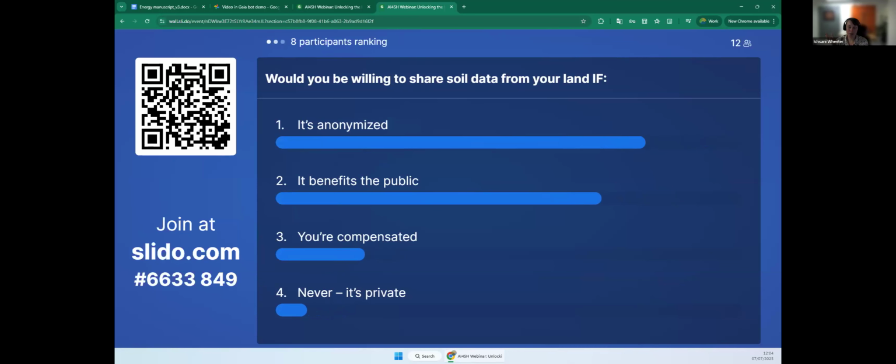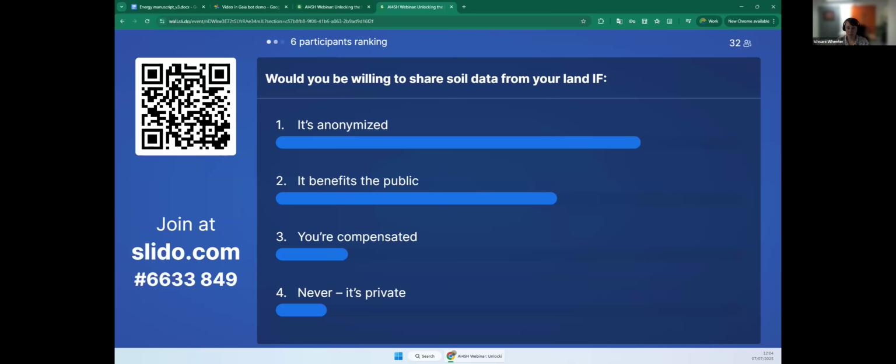So this question is about the point observations on your land. How do you feel about those, and at what level would you let them into the system? Yes. Okay, anonymized. Most. And benefits the public is quite a lot.